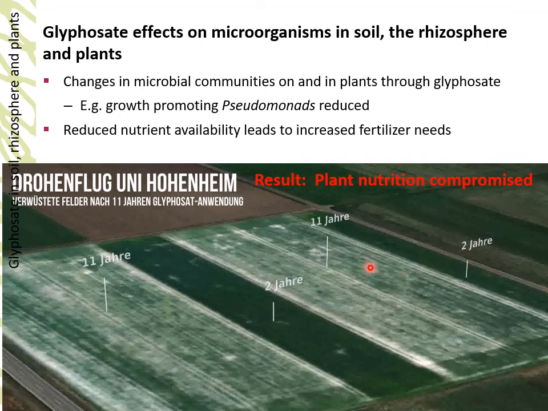And then they realized that plant growth was massively inhibited in the years that had gotten glyphosate for long term. And this is how the people from the University of Hohenheim started looking in more detail, and they also went to Brazil to check what does this long-term application of glyphosate do really to plant nutrition.